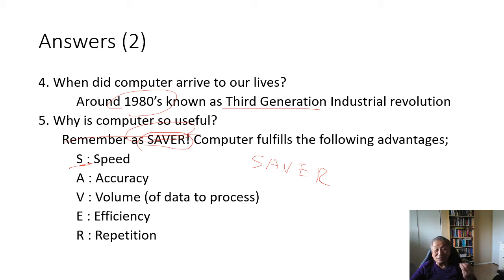In 1 second, how much processing can it do? The most recent, in 2020-21, is 5 to 7 gigahertz. That means you can have 5 to 7 billion instructions in 1 second.